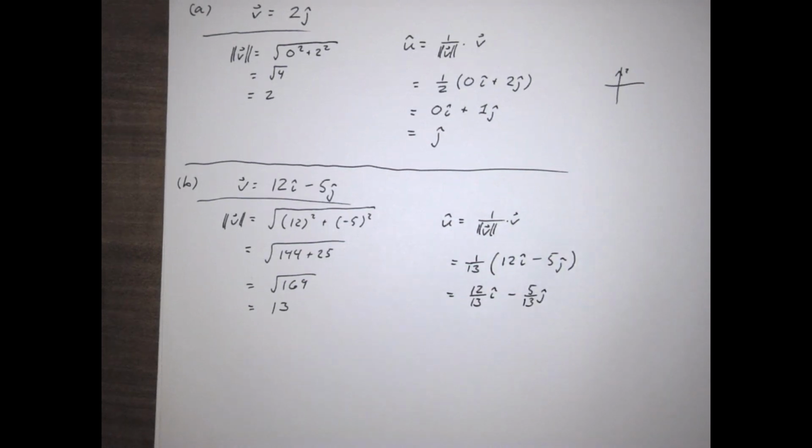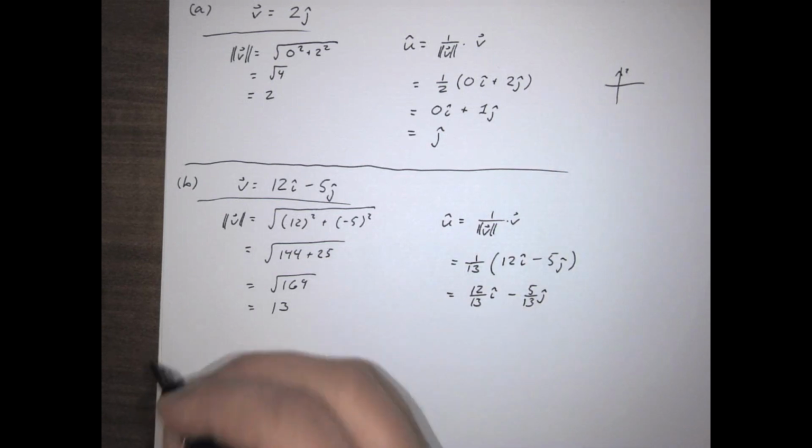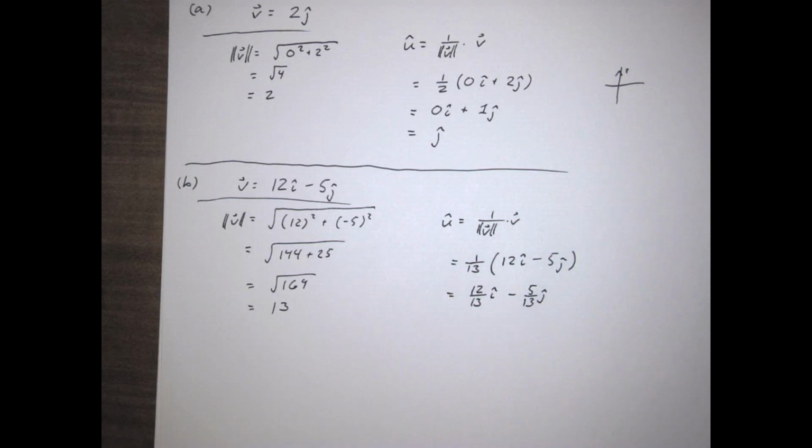One of the great advantages of the ij notation is that vector addition or scalar multiplication is really just a matter of distributing or combining like terms. It fits in quite nicely with ordinary algebra.